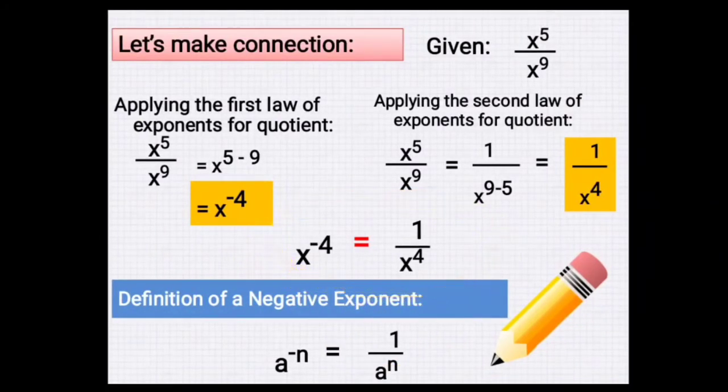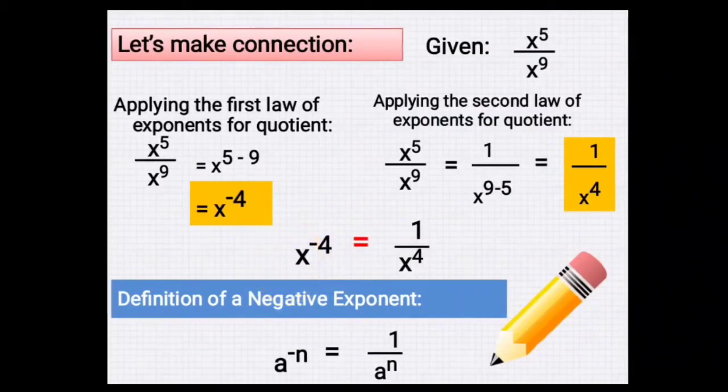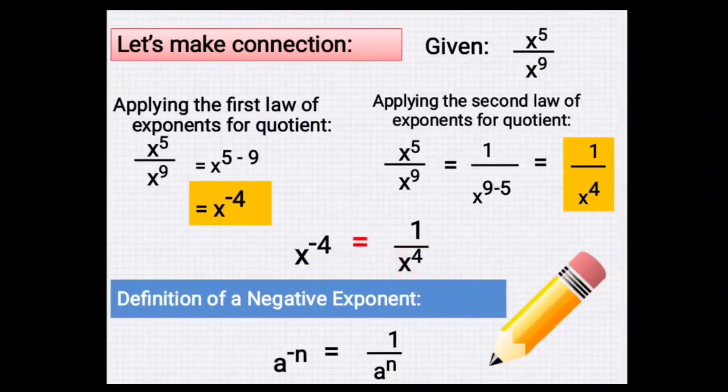Like in our results, we have x raised to the negative fourth power. Okay, so the reciprocal of x is 1 over x. Then we copy the exponent with positive sign. So 1 over x to the fourth power. Okay?